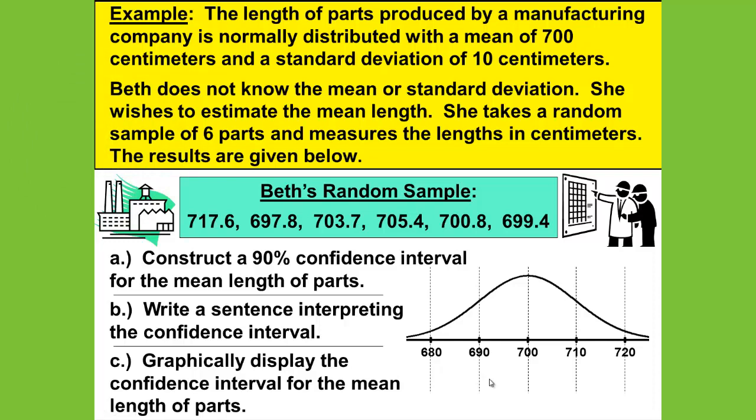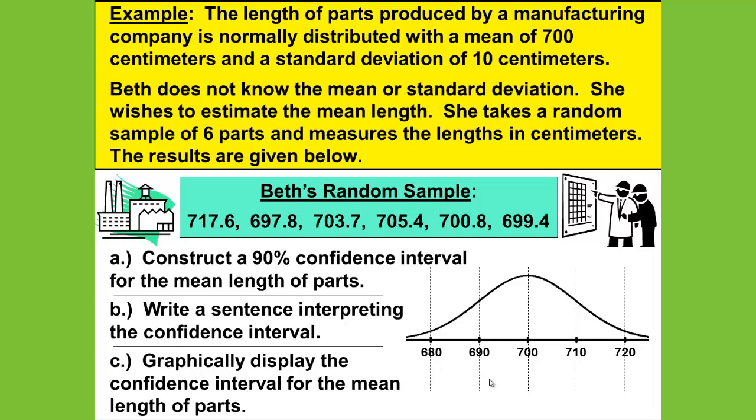The length of parts produced by a manufacturing company is normally distributed with a mean of 700 centimeters and a standard deviation of 10 centimeters. In most manufacturing settings, we would not normally know this.